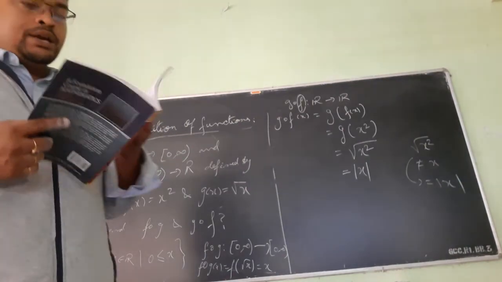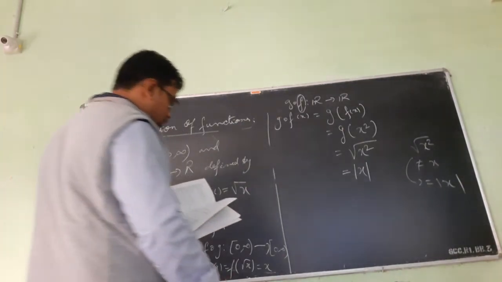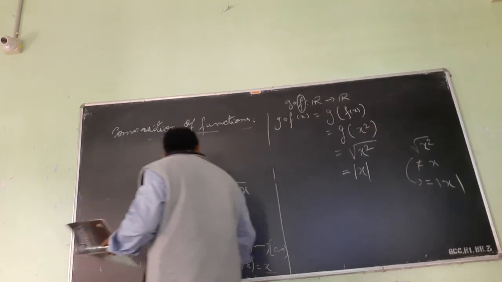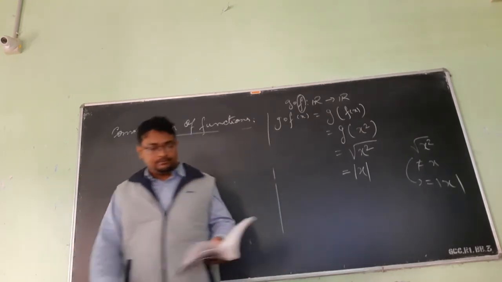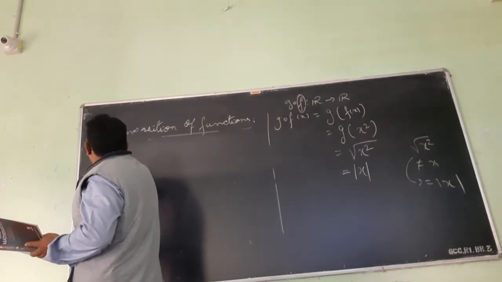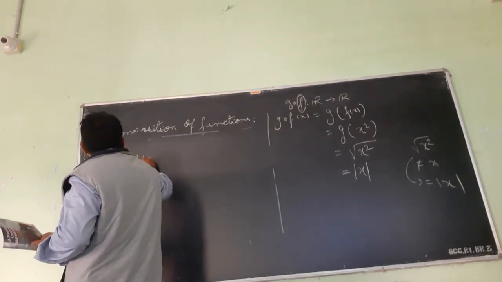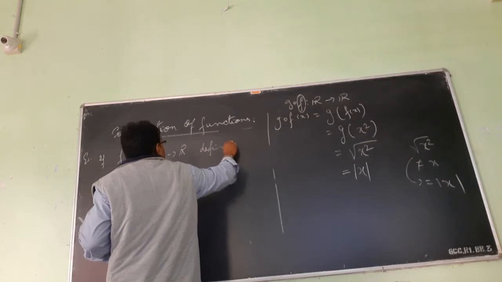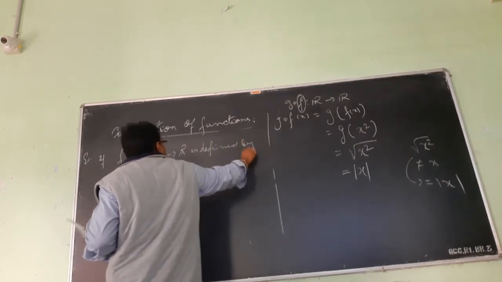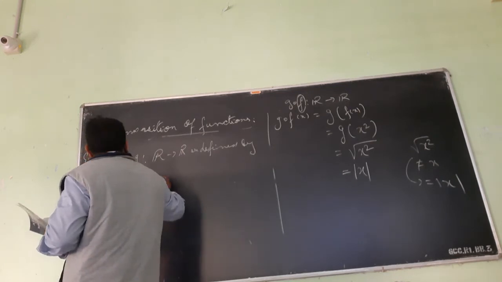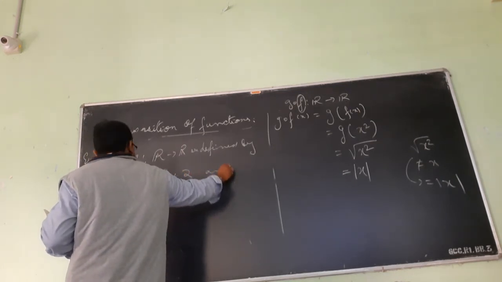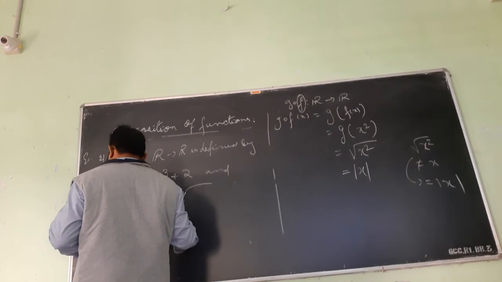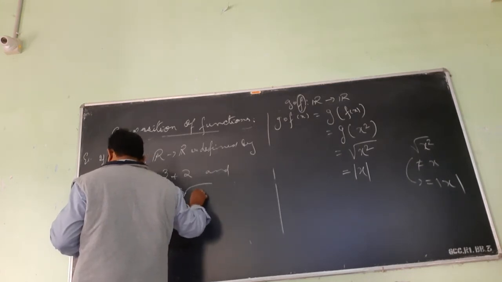Acha, you try another one. If f, g from R to R are defined by f of x equal to x cube plus 2, and g of x is equal to cube root of x, the third root of x.